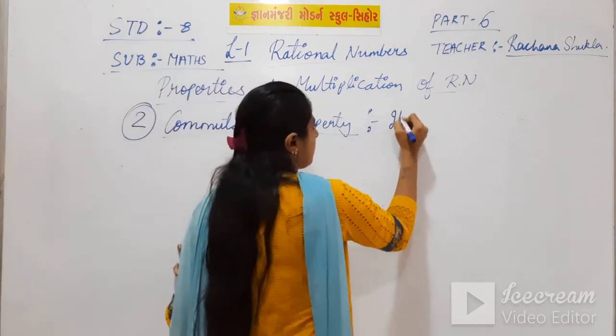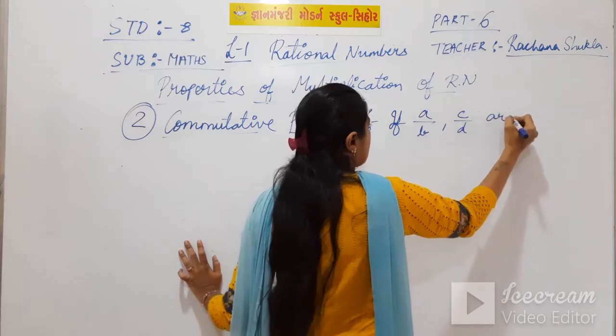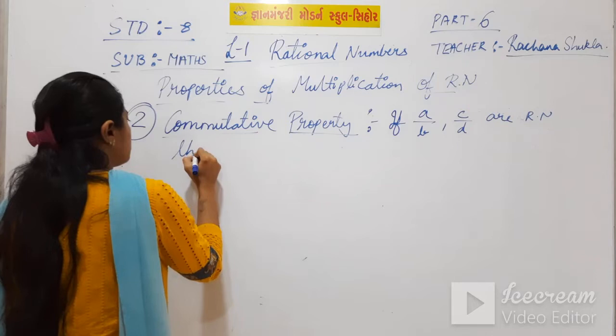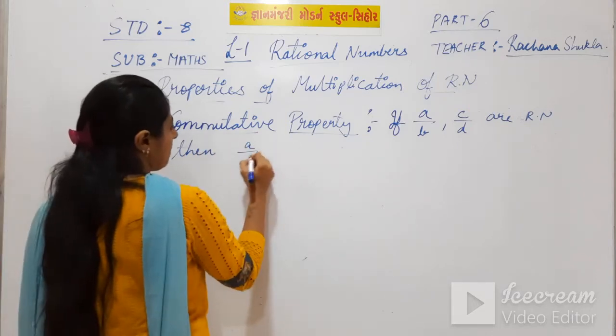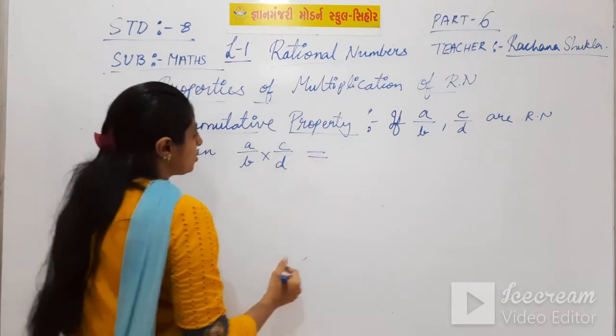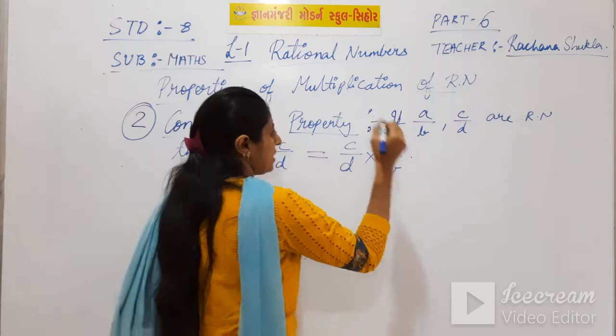If a upon b and c upon d are rational numbers, again the same thing, then a upon b into c upon d is equal to c upon d into a upon b.